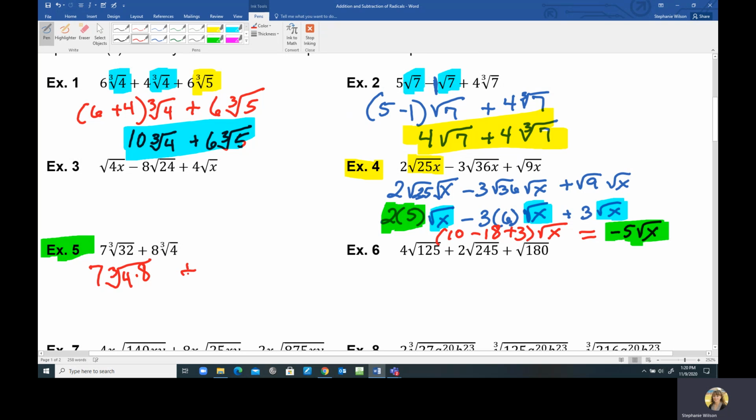And then I'm going to go ahead and take this over here, and I got 8 cube root of 4, and we only have 2 times 2, and that's not going to give me a triple, so that one's not going to reduce down. But I see that I have 3 2s in 8, so I know that I can rewrite this as cube root of 2 cubed times cube root of 4 plus the 8 cube root of 4.